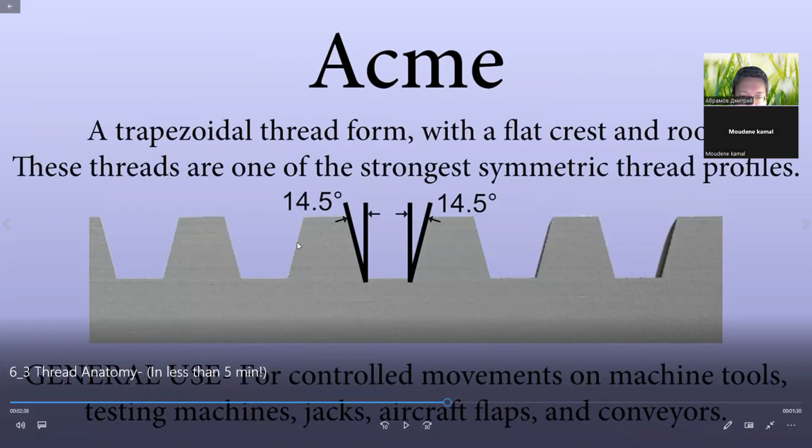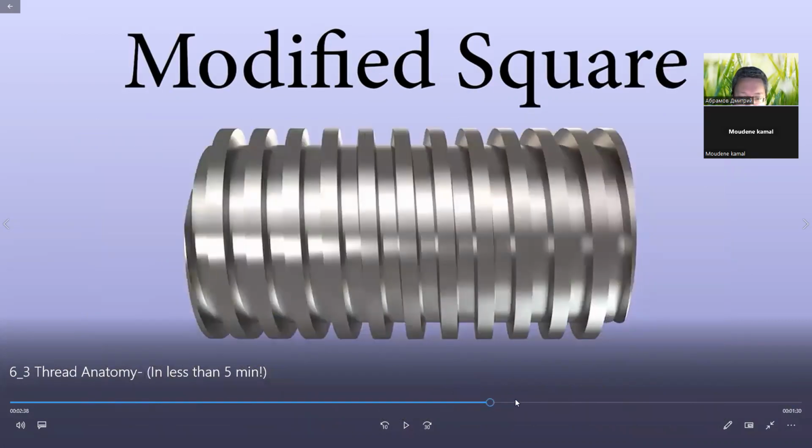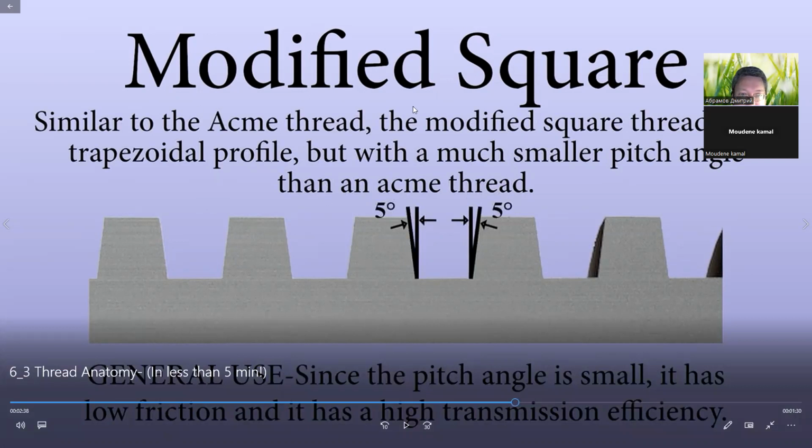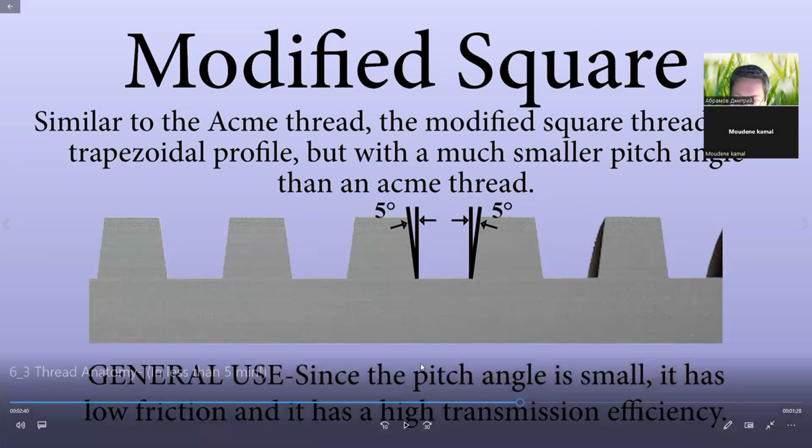So that is the difference between these two threads. And where is this modified square used? General use, since the pitch angle is small, it has low friction and it has a high transmission efficiency.